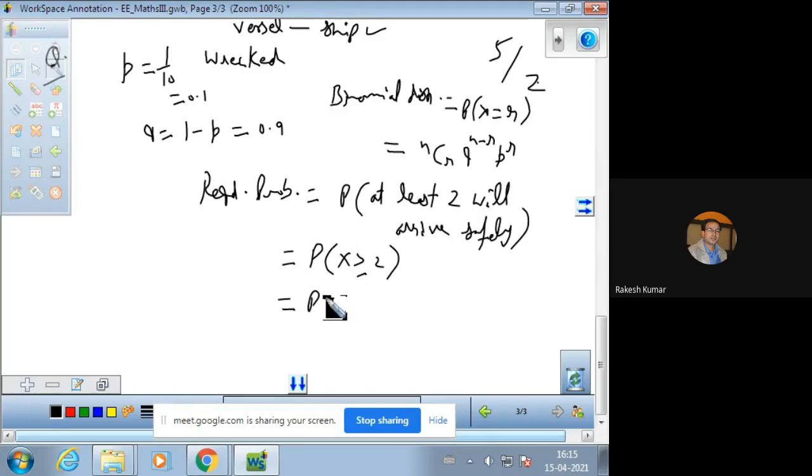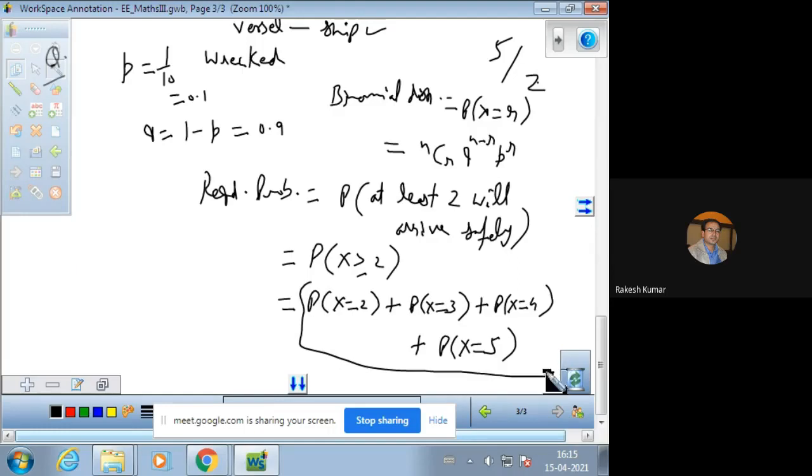So that will be the probability x equal to 2, probability x equal to 3, probability x equal to 4, and probability x equal to 5. This is the sum which we want to find out.